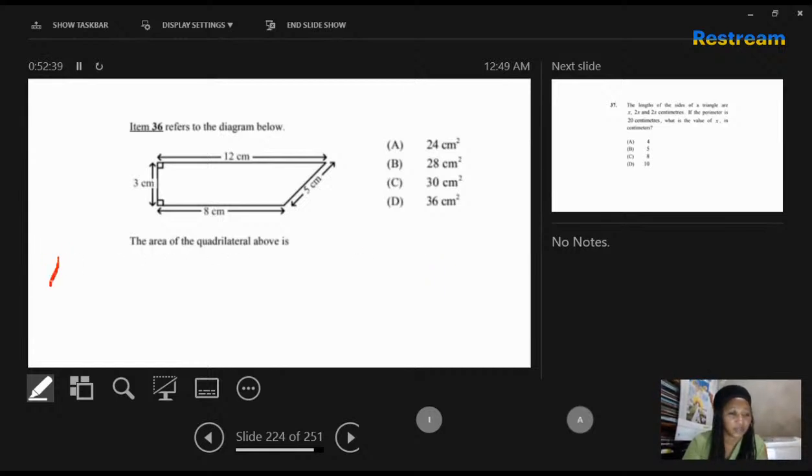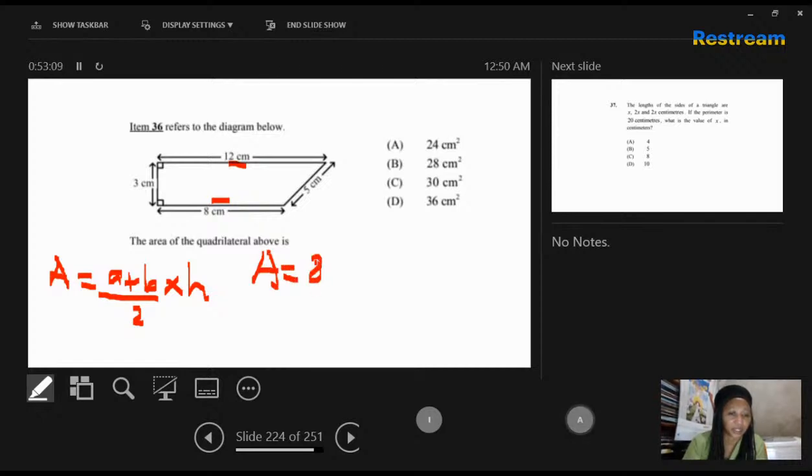And the area of a trapezium, remember, we add the two parallel sides, divide by 2, times the height. And the two parallel sides would be which two sides? 8 and 12, they are parallel. So the area would be what then?